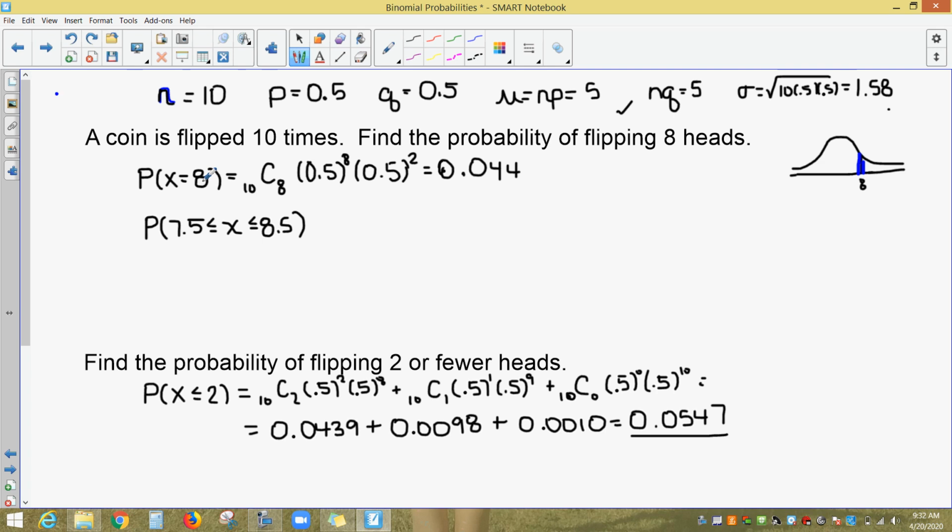We have to give width to this interval. We have to pretend that it's continuous and that we can flip 7.8 heads or 8.45 heads. So we will turn each of these using our mu and our sigma into z-scores, subtract and find that area in between.